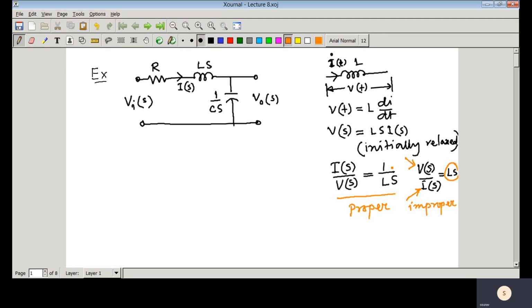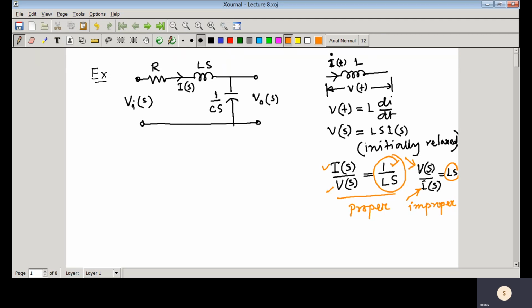That means this is the transfer function, and the numerator degree is 0 and the denominator degree is 1. So this is a strictly proper transfer function, where input is voltage and output is current. This is the proper realization which can be realized physically.